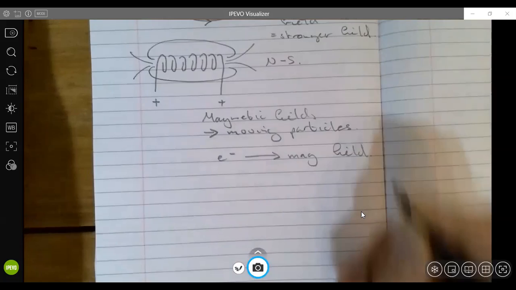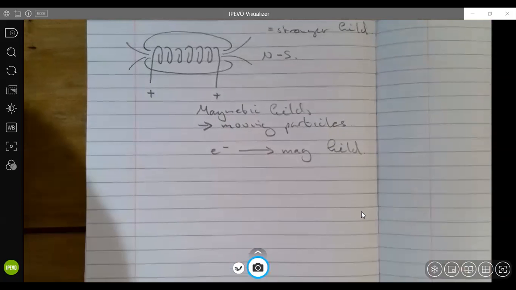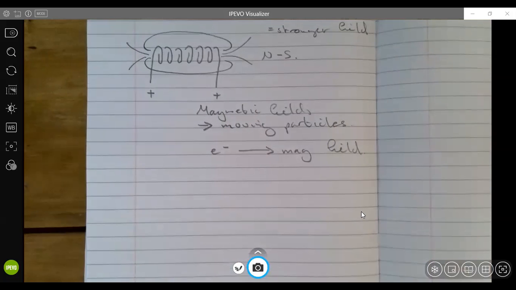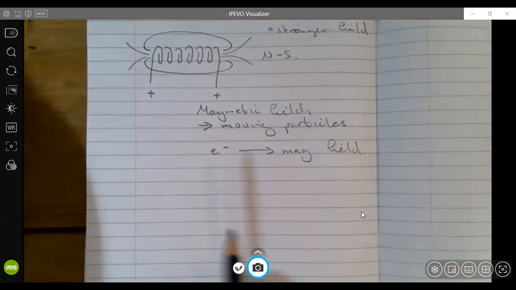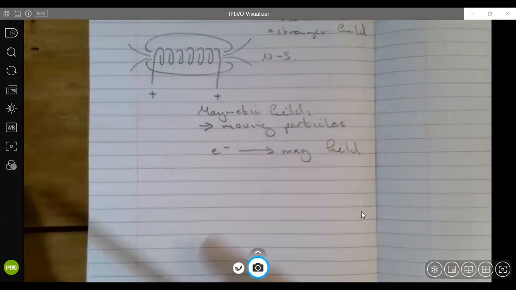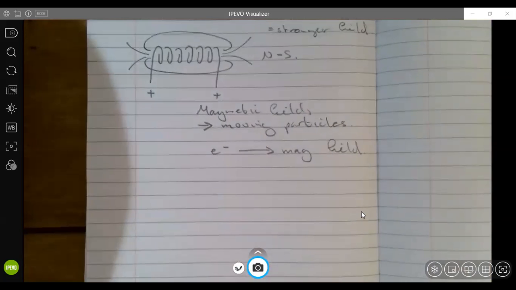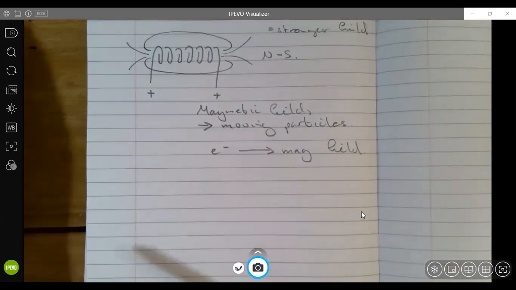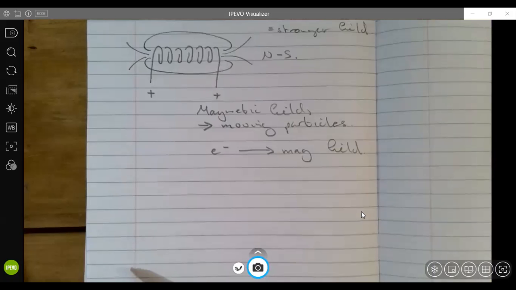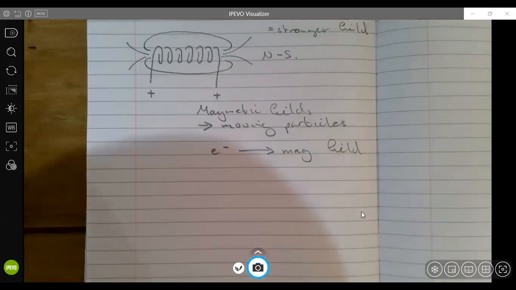Now, this was first established by Ørsted, who conducted a little experiment to try to show that there wasn't a link between electricity and magnetism. And much to the delight of the students that were watching, he found that there was a connection between electricity and magnetism.